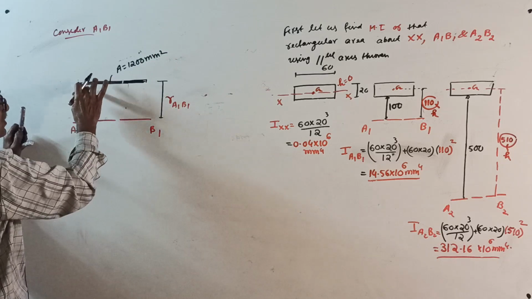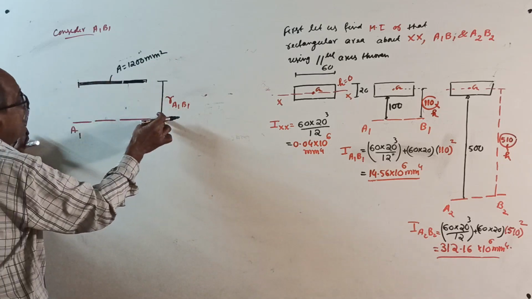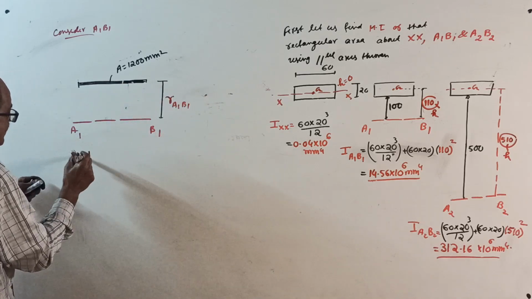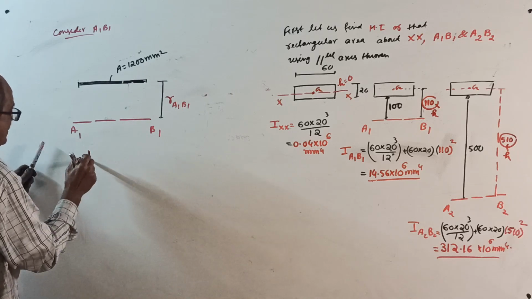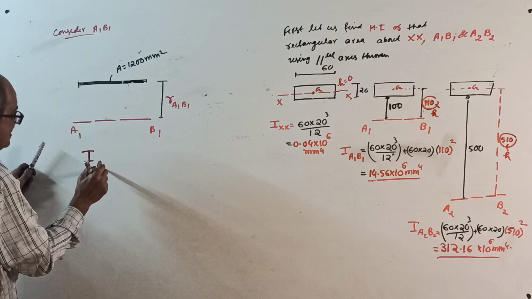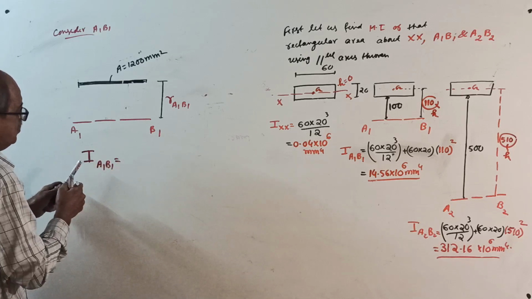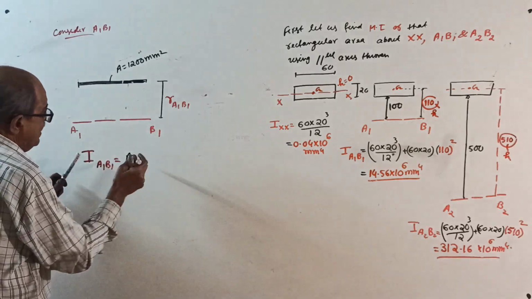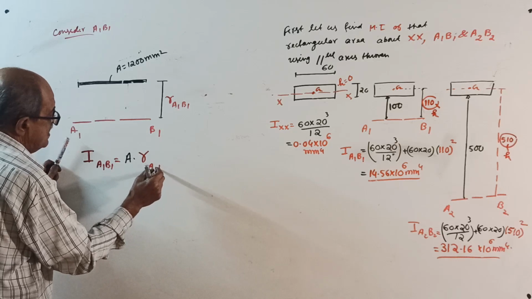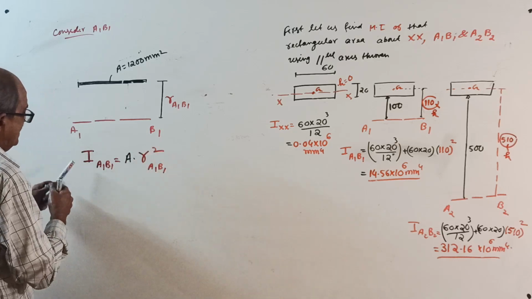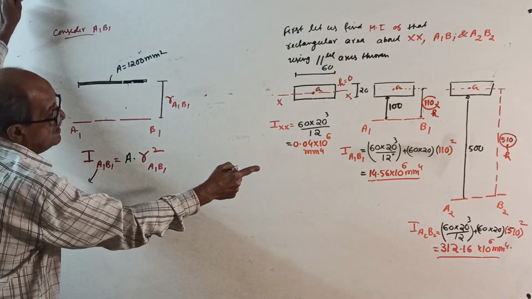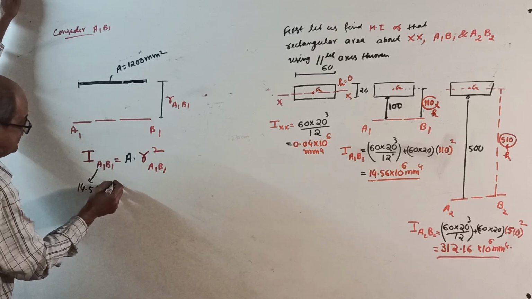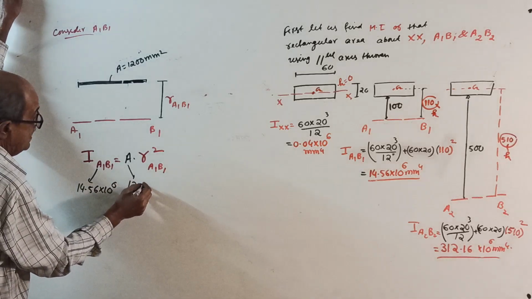Write the statement: squeeze the area and place it at R about A1B1, so that I about A1B1 equals area into R about A1B1 square. I about A1B1 is 14.56 times 10 to the power 6, and area is 1200.